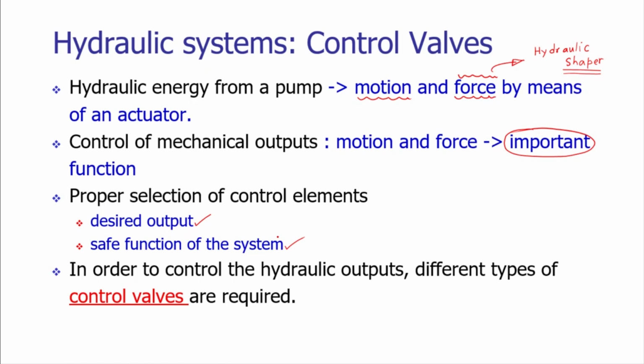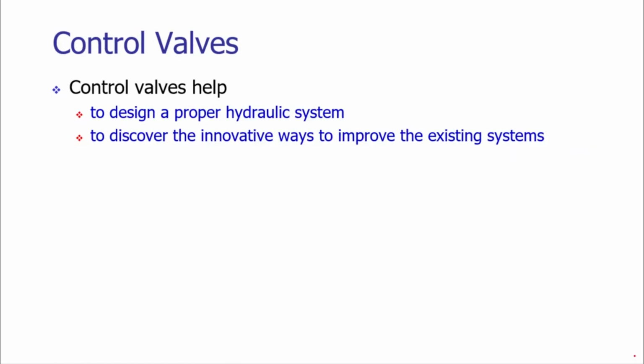So there are different types of functions being carried out by the control valves, and various types of control valves are used in the industry. We will see some of the control valves in this lecture. Thus we can say that the control valves are helping us to design a proper hydraulic system.